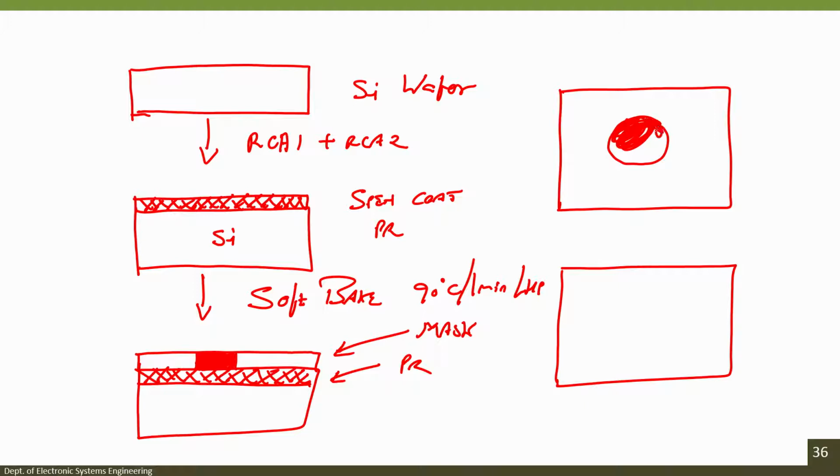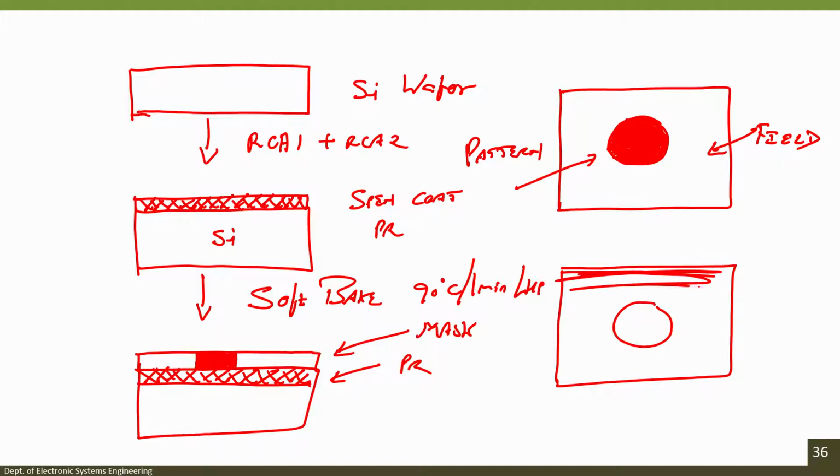Where my field is bright and the pattern is dark is called a bright field mask. You can see here the field is bright and my pattern is dark. This is the field and this is the pattern. In a dark field mask, my field is dark.